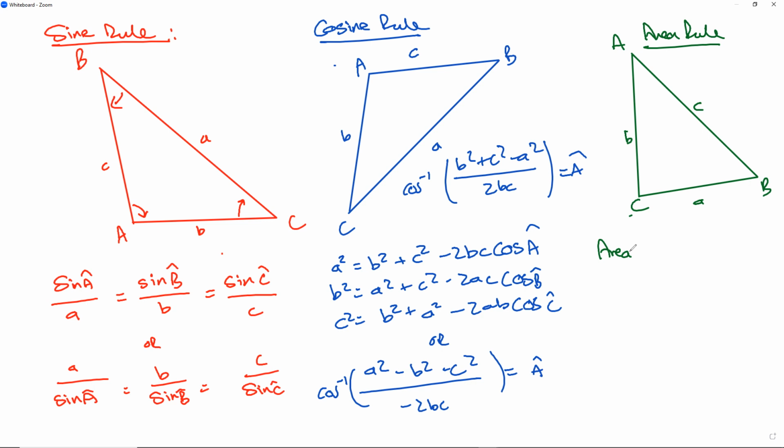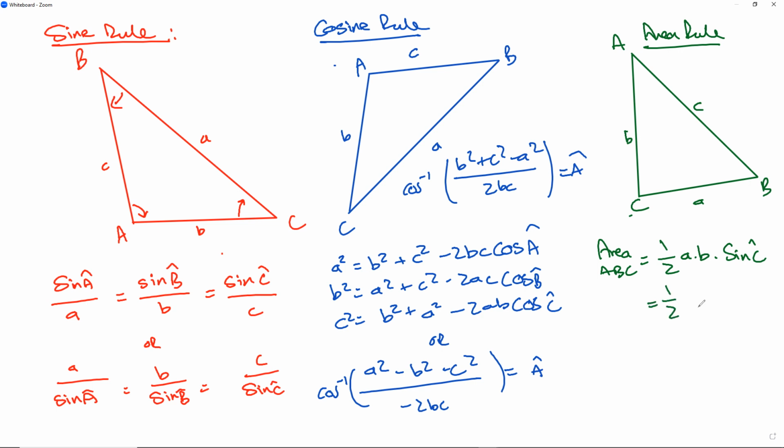And the area of triangle ABC is given by half of A times B times sine of the angle in between.